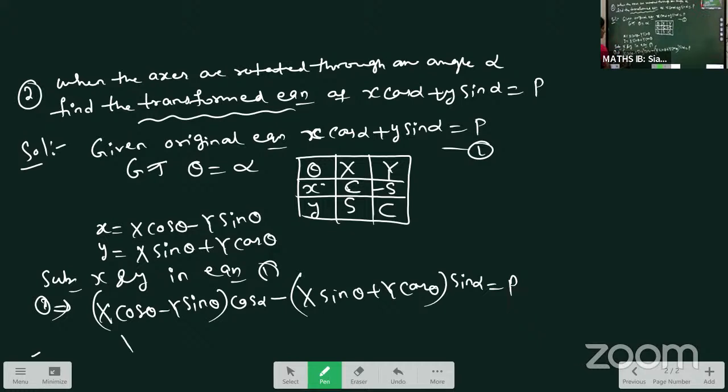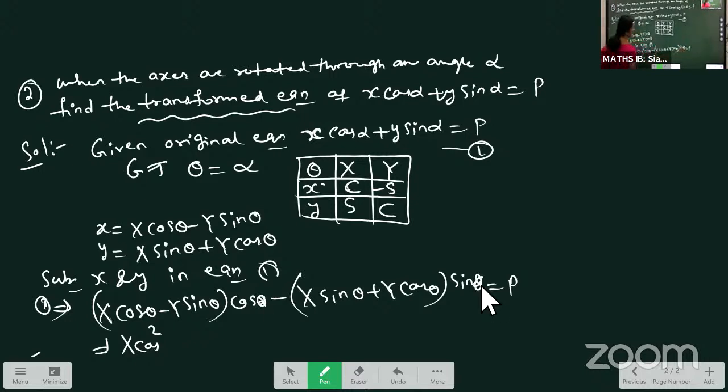If you multiply, we get X cos theta into cos theta, cos square theta. Replace theta with alpha, so this becomes theta and this is also theta.